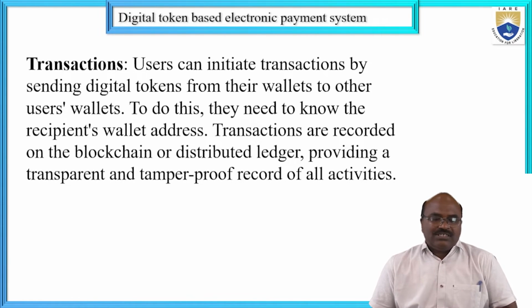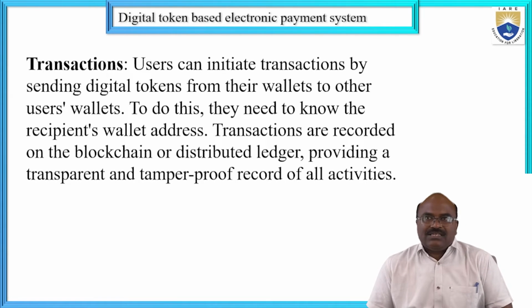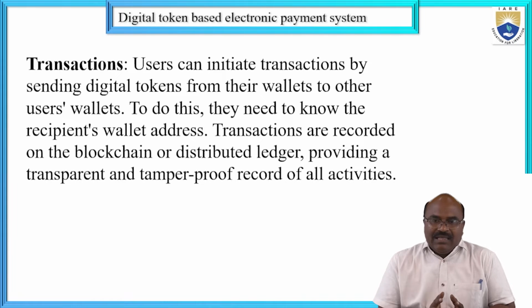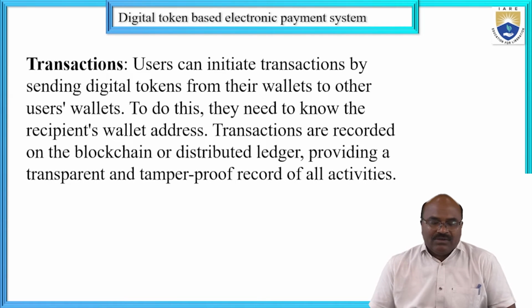Here, users can initiate transactions by sending digital tokens from their wallet to other users' wallets. In the wallet to user system, one of the transactions is nothing but sending a set of tokens. Tokens are nothing but the entire data divided into groups of tokens. How many tokens? Tokens are converted into currency like that.